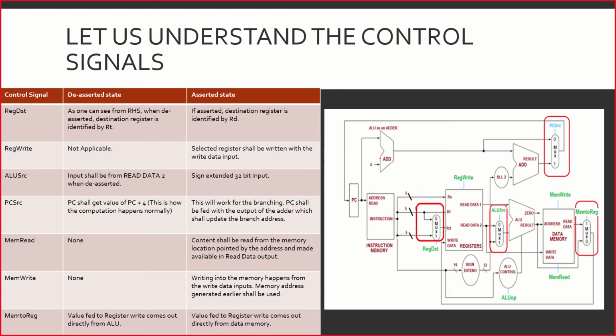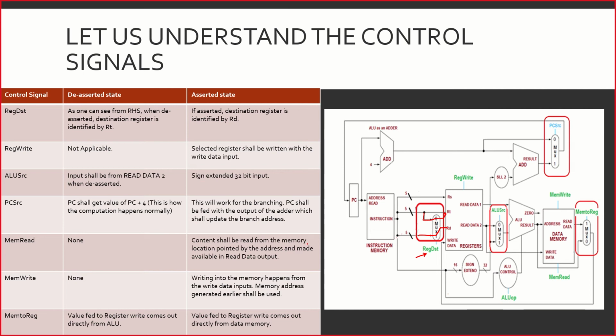I need to tell you how exactly each and every field is working. Now what is REG DST? It is nothing but register destination, right? Which is the destination register? When it is deasserted, it will take RT as the destination. When asserted, it will take RD as the destination.